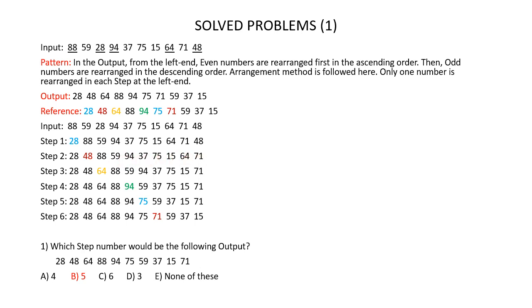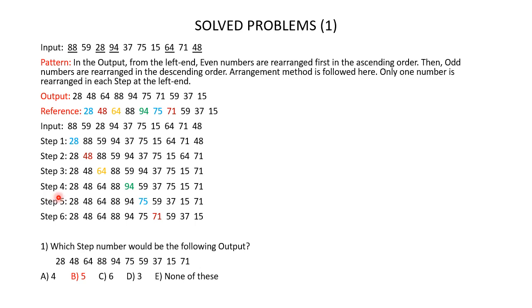In step 3, write 28 and 48 in the same position as is given in step 2. The next number in the reference line is 64. So 64 is arranged next in step 3. That is, 64 has to be written in the third position from the left end in step 3. The rest of the numbers of step 2 are written as they are in the same order as is given in step 2.